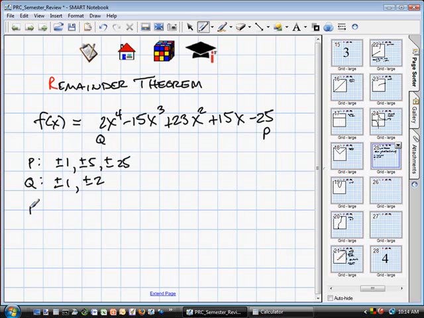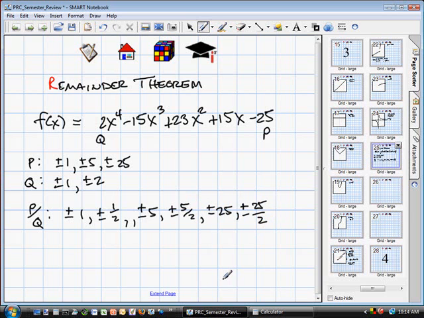So now the question is, what about the P over Q combinations? Well, we got plus or minus 1 over 1, plus or minus 1 over 2, plus or minus 5 over 1, plus or minus 5 over 2, plus or minus 25 over 1, and plus or minus 25 over 2. Okay. So those are our candidates.